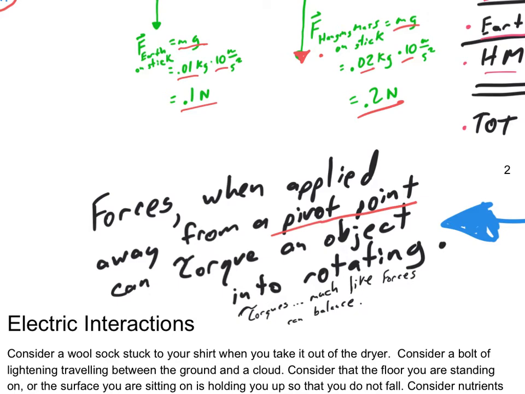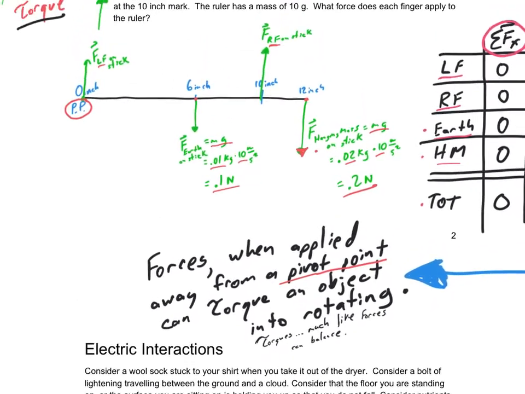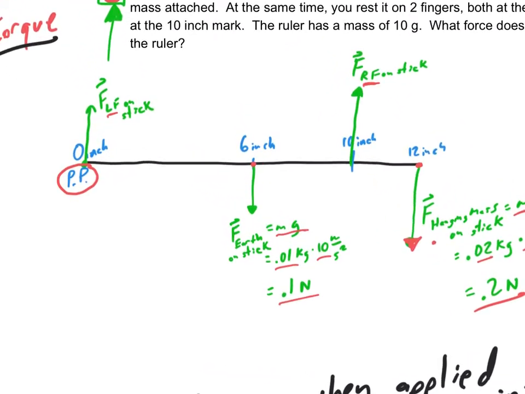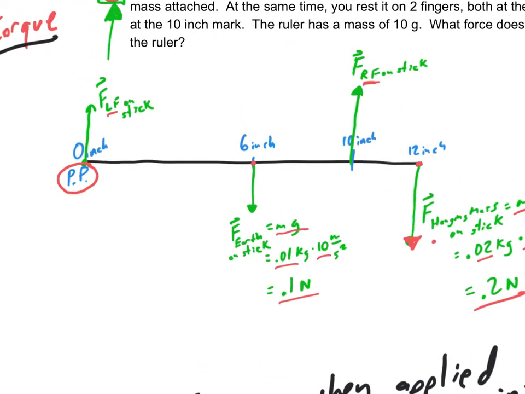Which pushes cause it to rotate, which pushes cause it to translate. If the push is some distance away from the pivot point, so we've got a distance of 0 for the left finger on the stick, a distance of 6 inches there, 10 inches, 12 inches, then those apply torques.